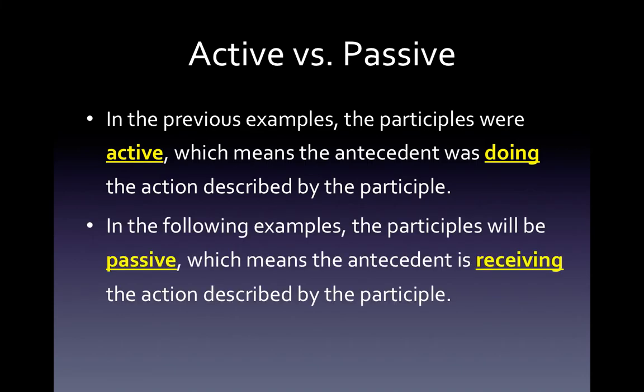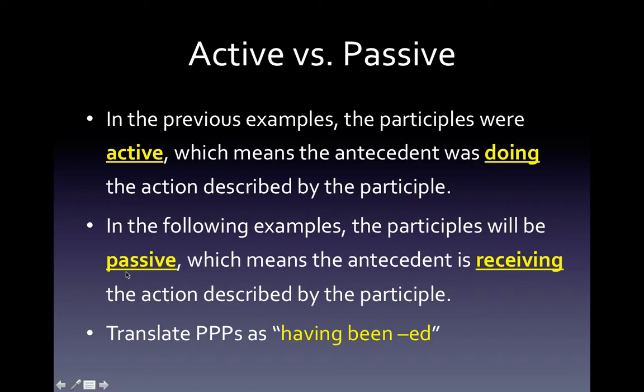However, with the passive ones, the participles are going to be passive, which means that the antecedent is receiving the action described by the participle. You're going to translate perfect passive participles as having been verbed. So there's still an ing in here, but the ing is not on the verb itself.